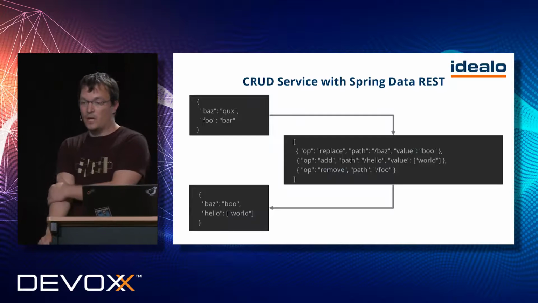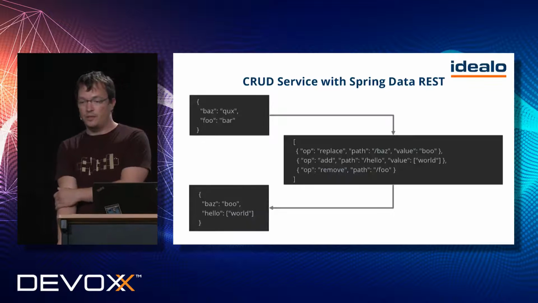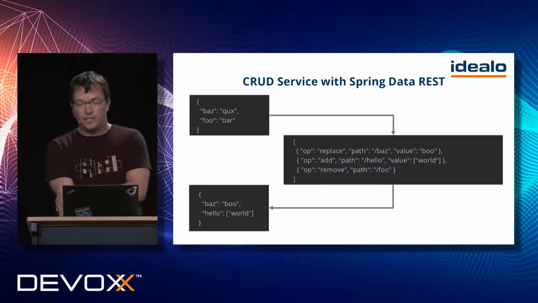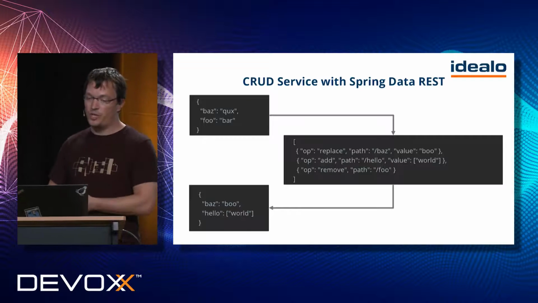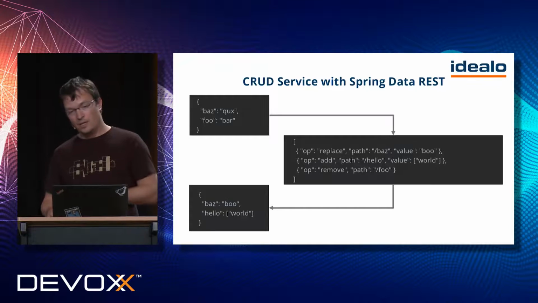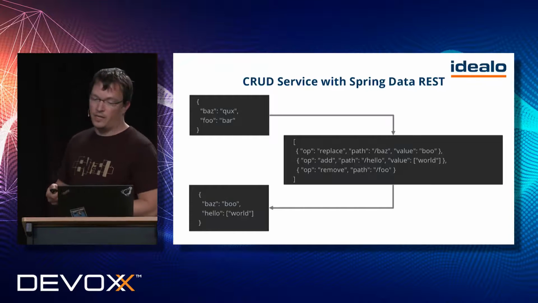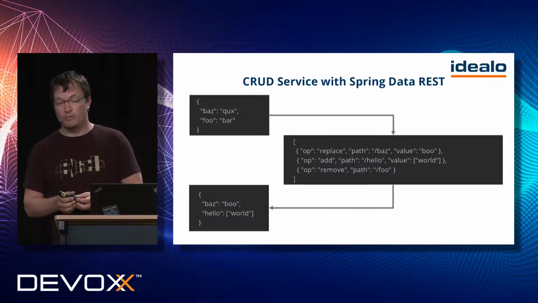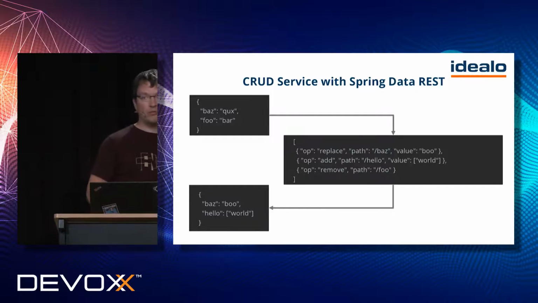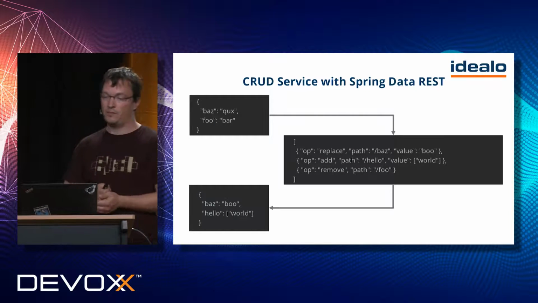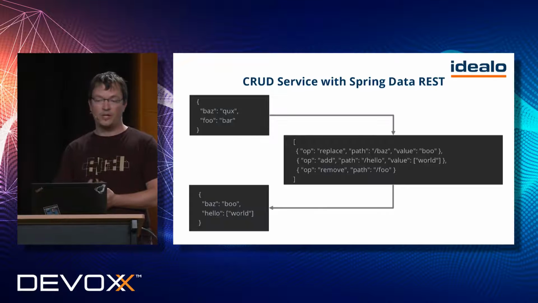This is how a patch could look like. On the left side, you can see the origin object. On the right side, this is a typical JSON patch example. You can see there are 3 operations available: replace, add, and remove. For every operation, you have to give a path within the JSON document where you want to do some changes.